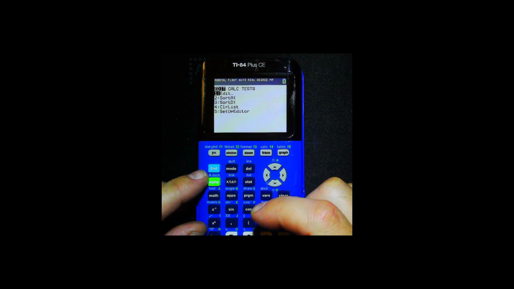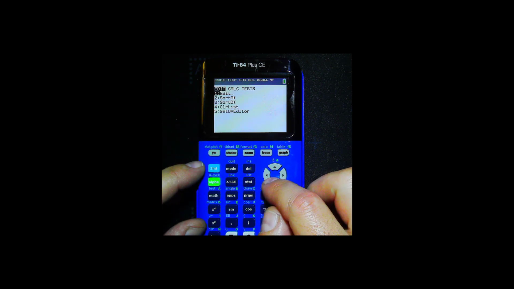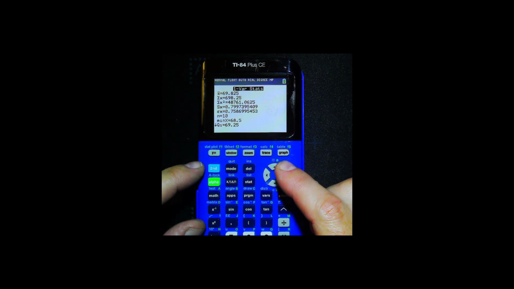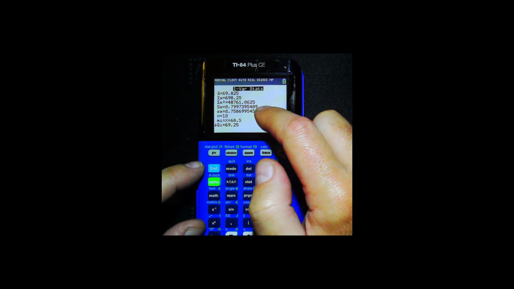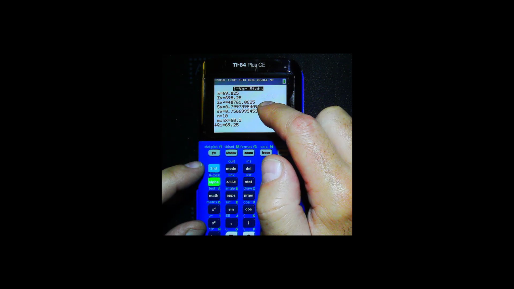To type in your list, you'll go to Stat and then Edit, and you'll see that I've already typed in the values here. Next, we'll go to Stat and Calc. We want the one variable statistics for the list that we just entered. The value that we want is the sample standard deviation, which is 0.7997.